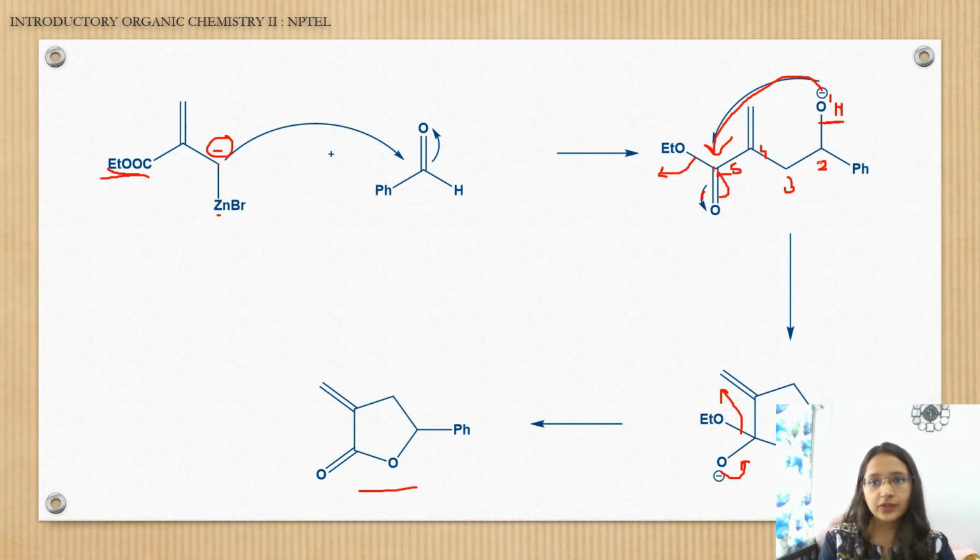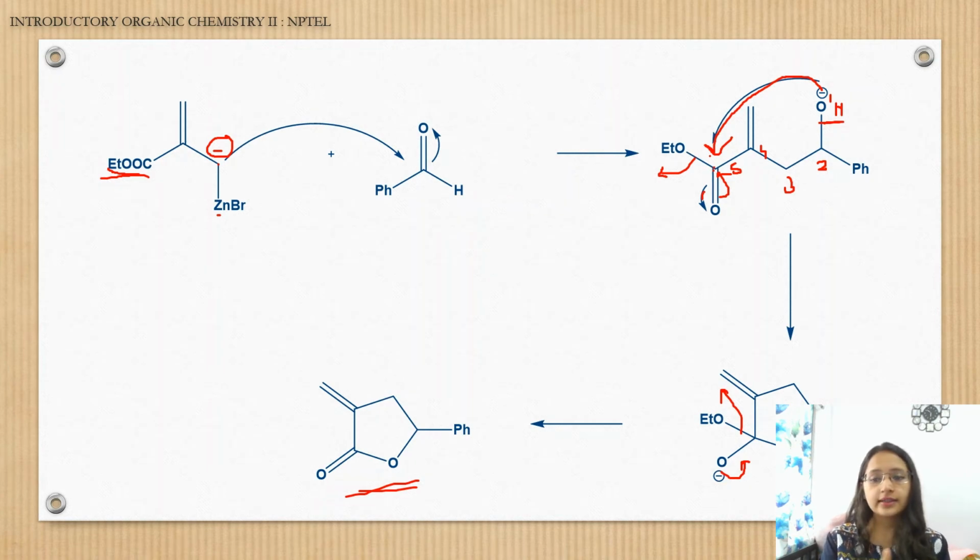So this five membered species is getting formed here, and now this O minus will come down and this ethoxide is knocked out to give you this kind of lactone species. Okay. This happens because it is present intramolecularly, and you have a nucleophile here and an electrophile here. That is why you will end up with a five membered species rather than the alcohol.